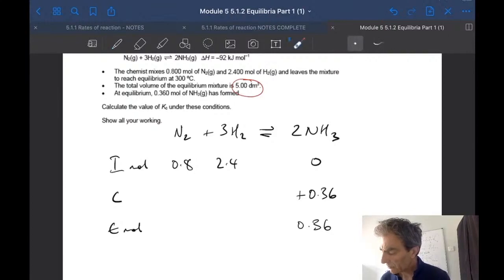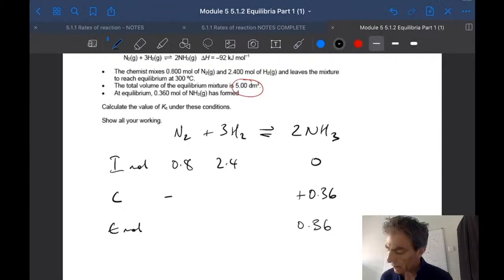Okay, now we need to use the mole ratio to get the other changes. So 2 moles of that needs 1 mole of that to react, from the ratio. So how many moles of nitrogen are going to need to react to produce 0.36 moles? That's going to have to drop by half of that, so minus 0.18.